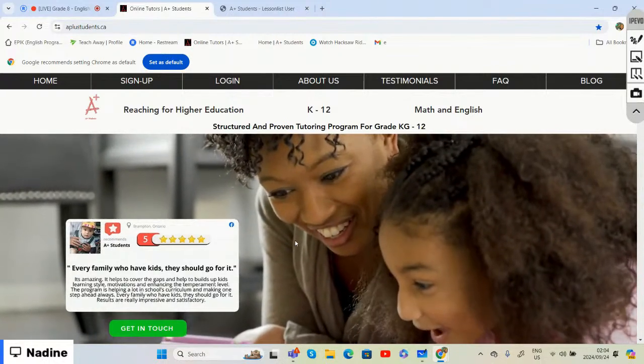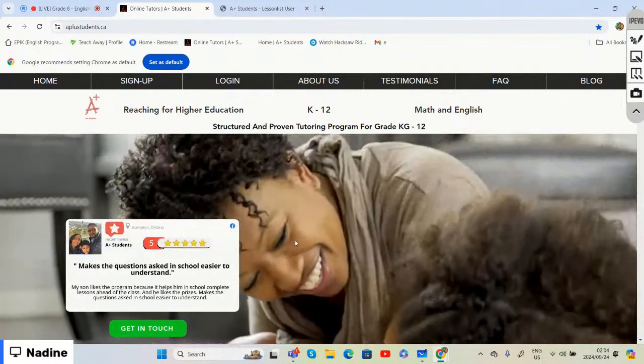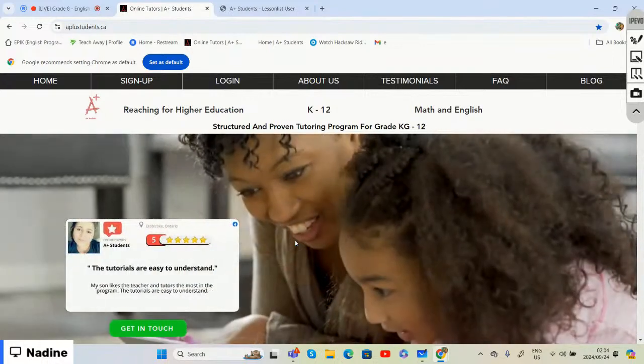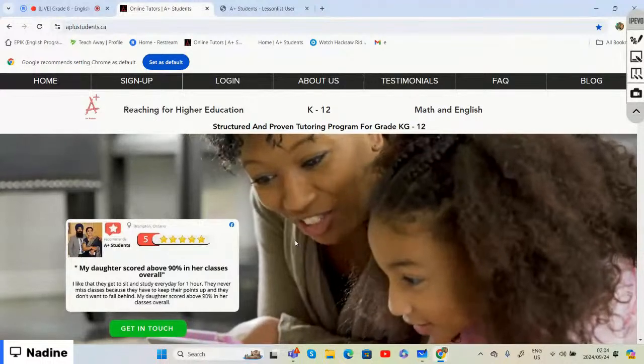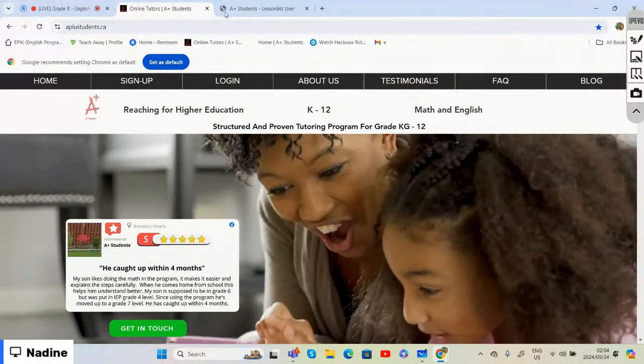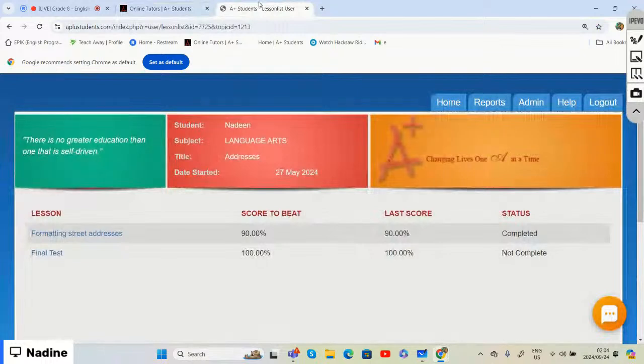We're doing grade 8. Then we're going to scroll down until we get to our chapter of addresses. All right, so our chapter is addresses.